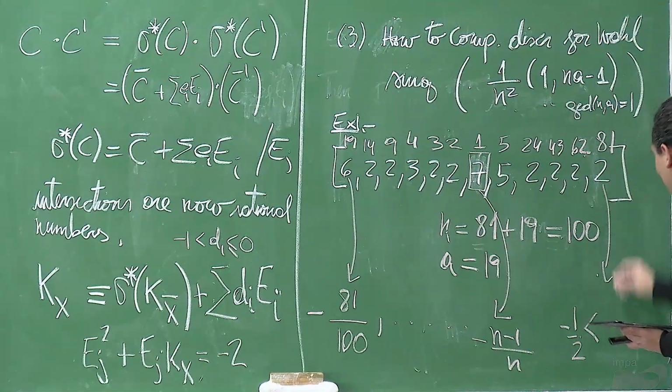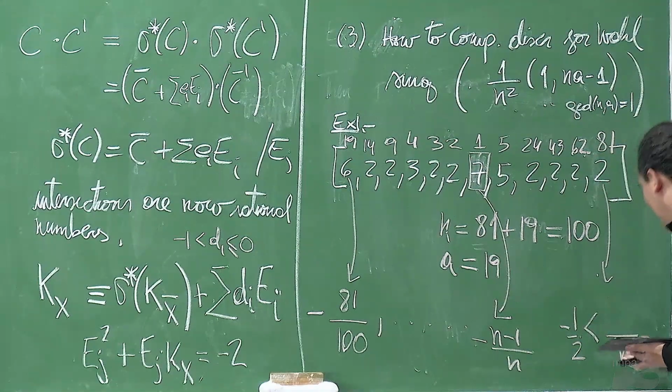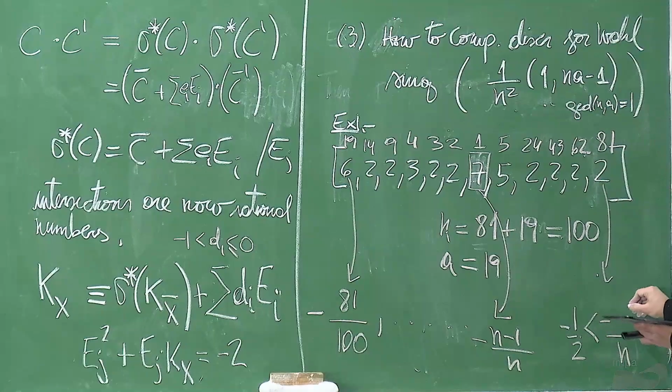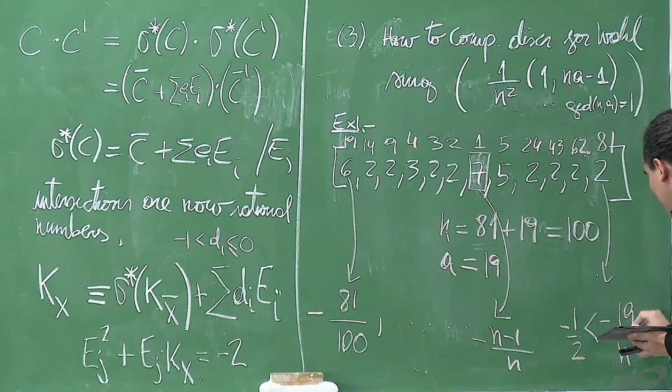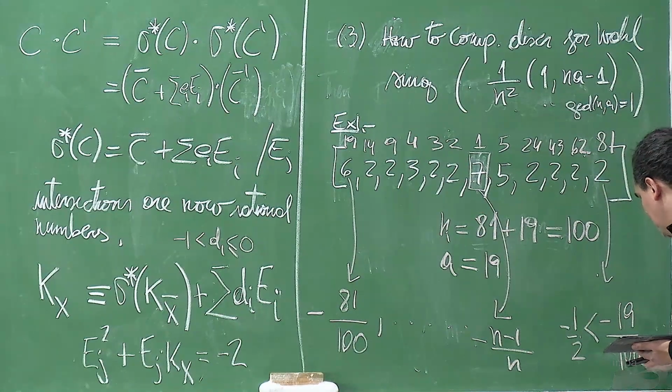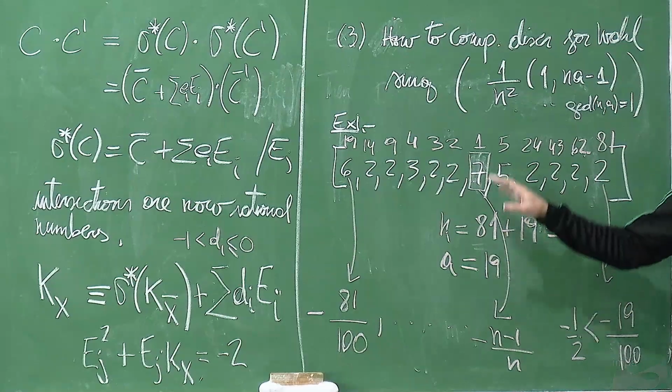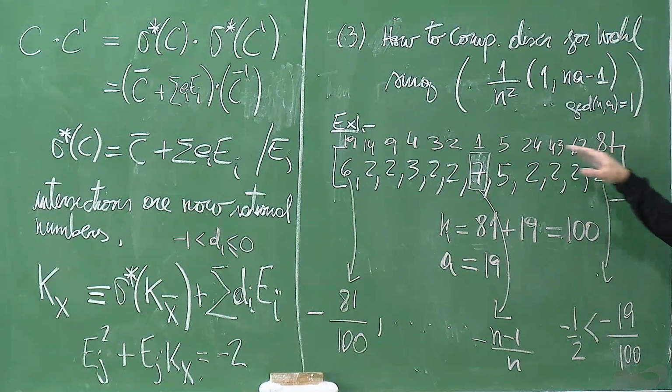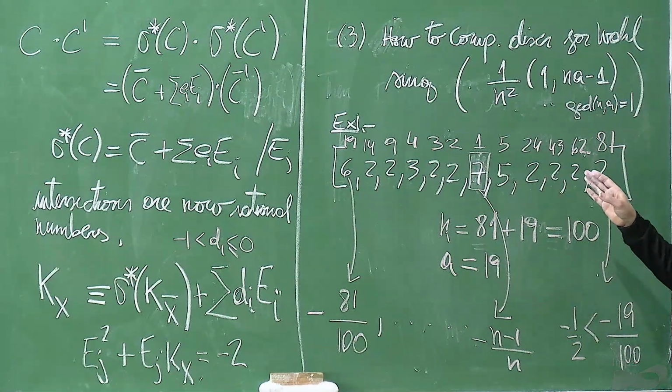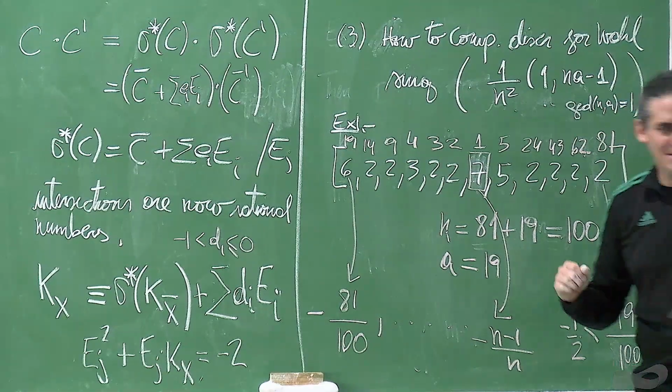And that has consequences that we will use later. So in this case, it's minus 19 over 100. The only point that I wanted to make is that there is a nice algorithm using this Fibonacci type of thing to compute the discrepancies. You don't need to go to the linear system. You show me a Wahl chain, and I compute the discrepancies immediately.